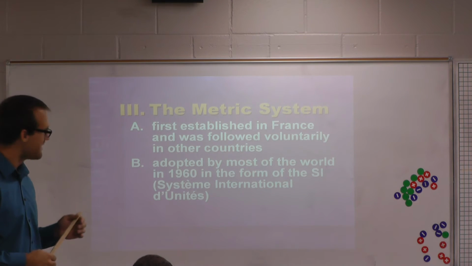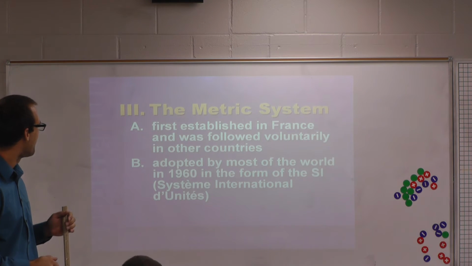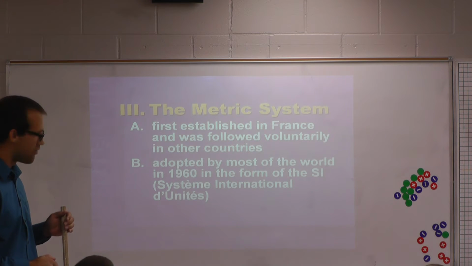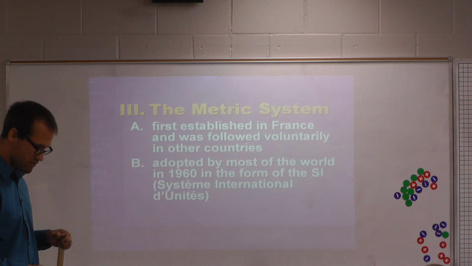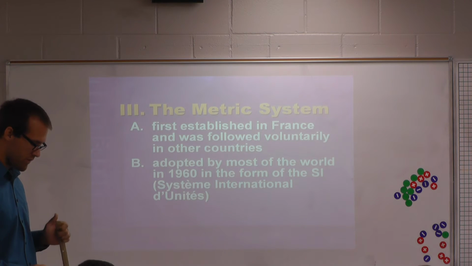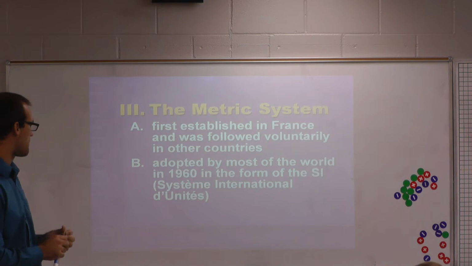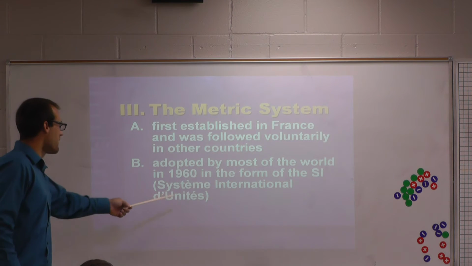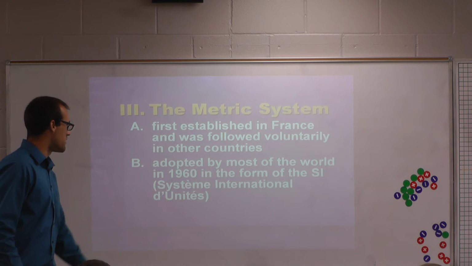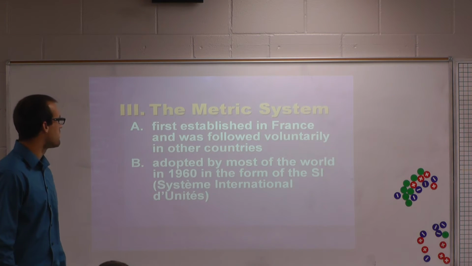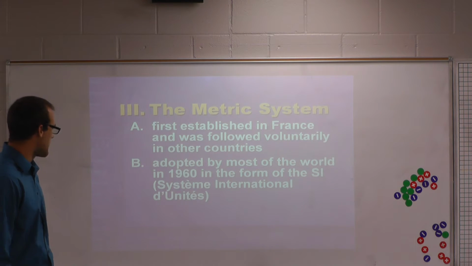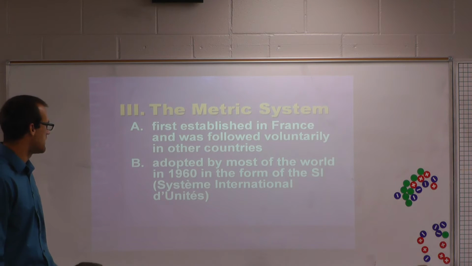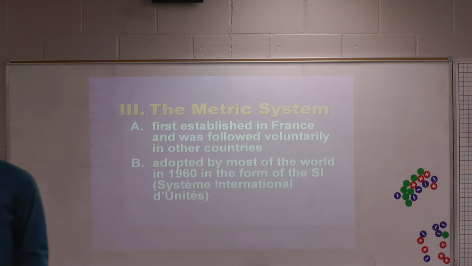It's spelled differently. I think you're talking about the French word, Système. The SI units, that's what they would call it. Système International d'Unités, I don't know if that's how you say it.